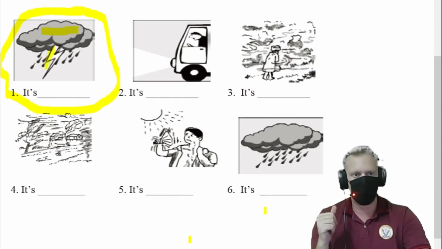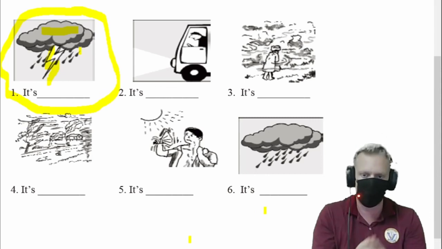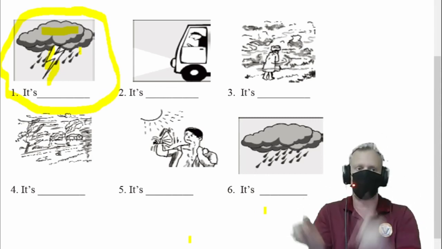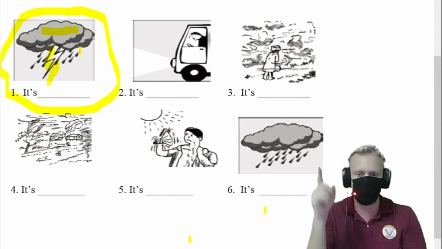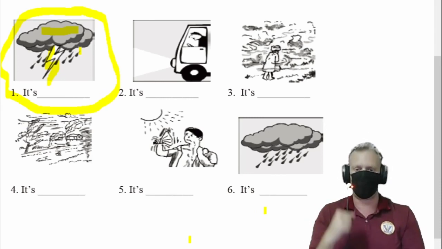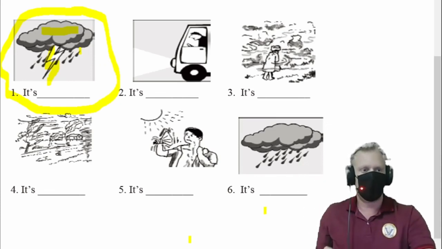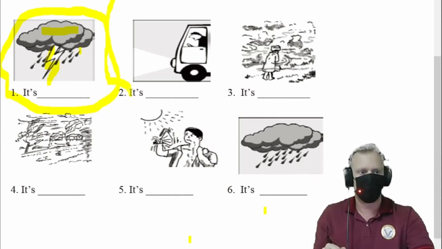We have lightning. And we have some rain, so that is a storm. Clouds plus wind plus rain plus lightning and thunder equals a storm. So it's stormy.